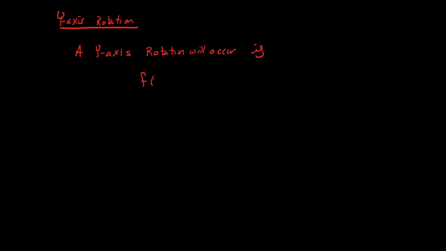Now let's talk about how we determine a y-axis rotation. So let us discuss a y-axis rotation. A y-axis rotation will occur if f(x) is equal to the functional value of the negation of x, f(-x).